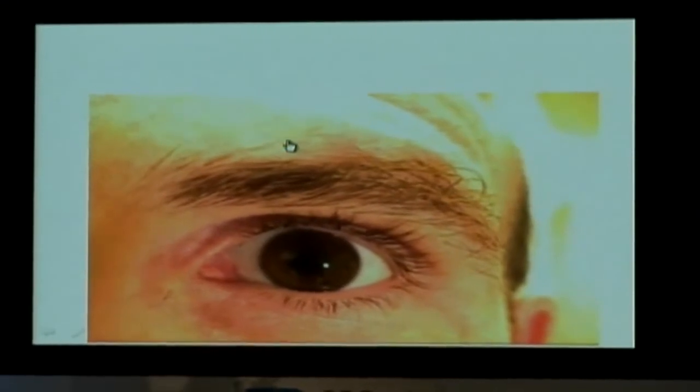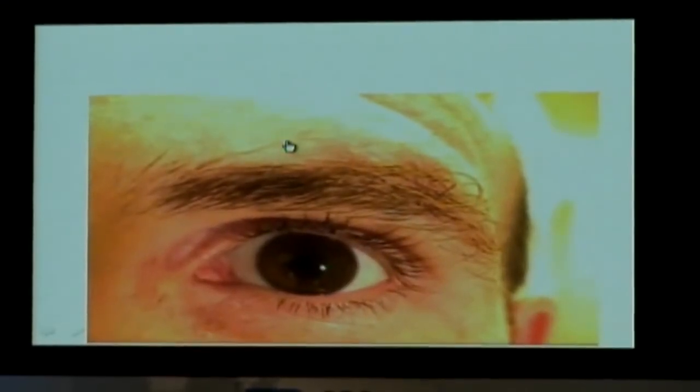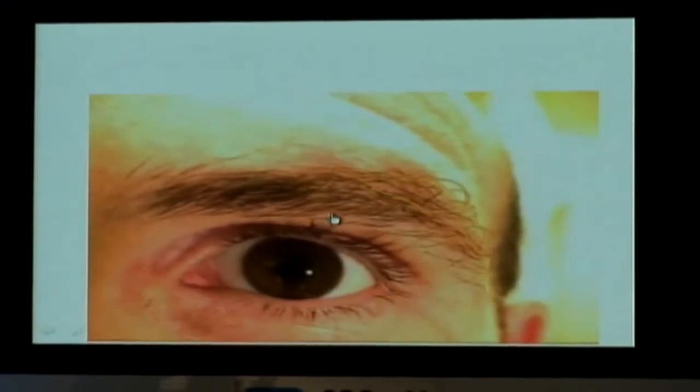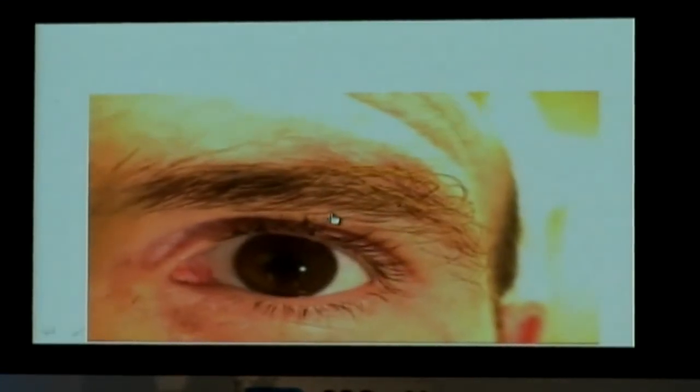Blink. Can you see it stop for just a moment? Who could not see that? Shall I show it one more time? I'll show it again. Let's finish this and we'll show it one more time because it's very distinctive and it's practical. Close your eye. Open. After the blink, when the eye's open, it's still for just half a second.